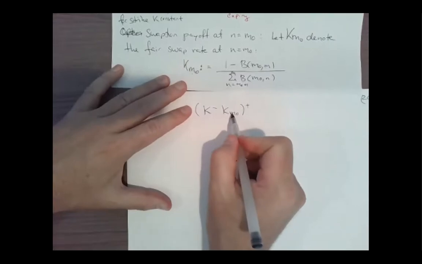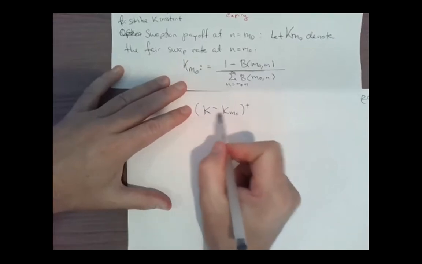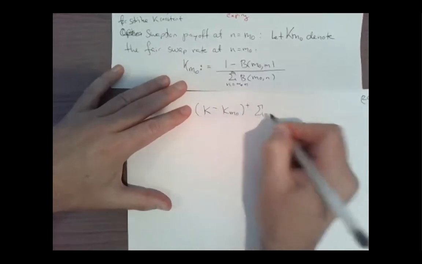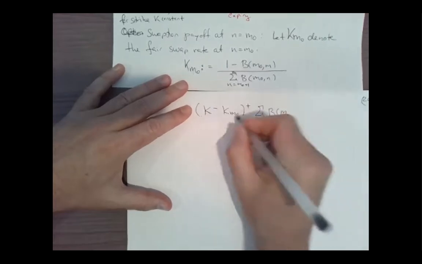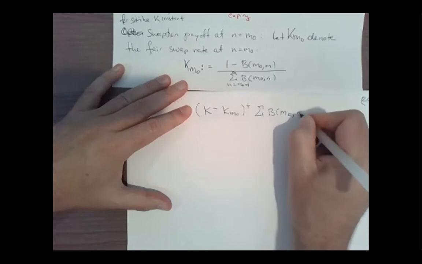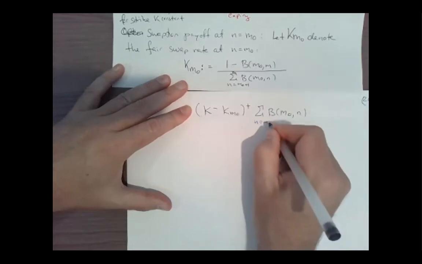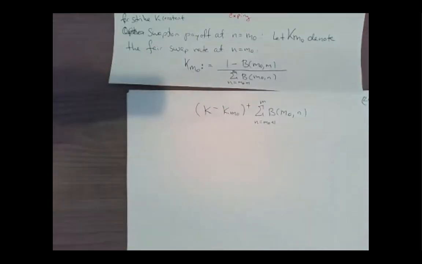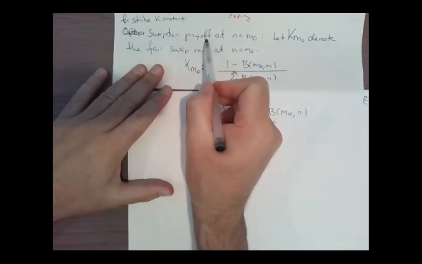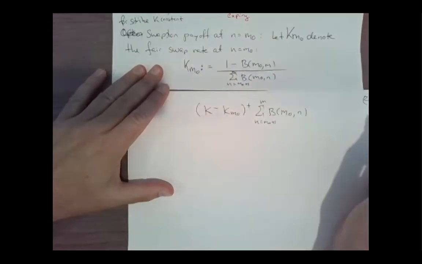When will we be receiving these payments? We'll be receiving them at later times, at time M0 plus N, for N from M0 plus 1 to M. So this is the swaption payoff at time M0.